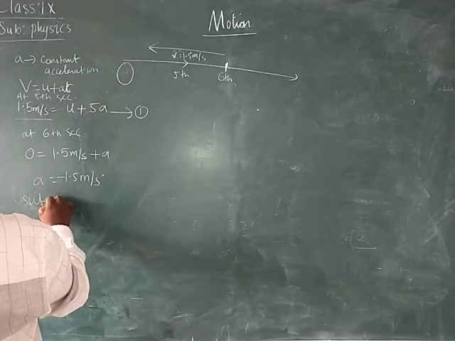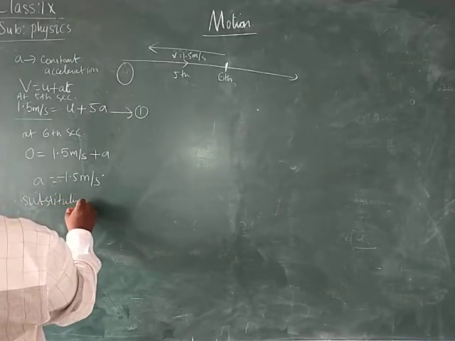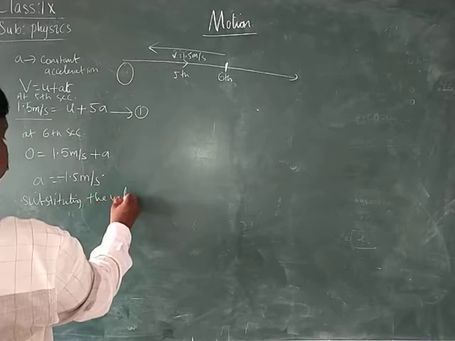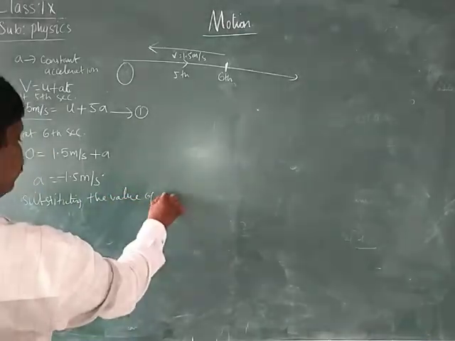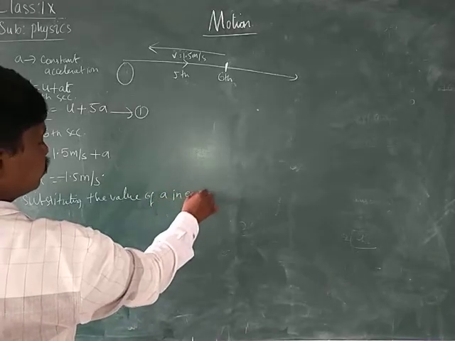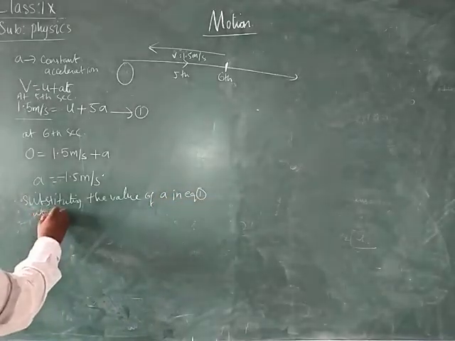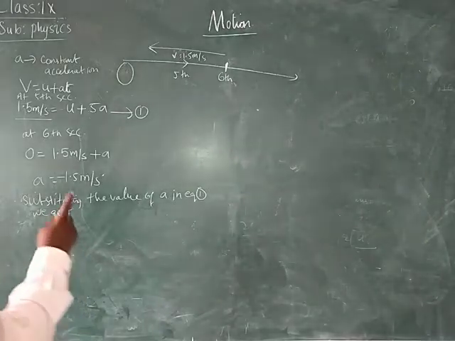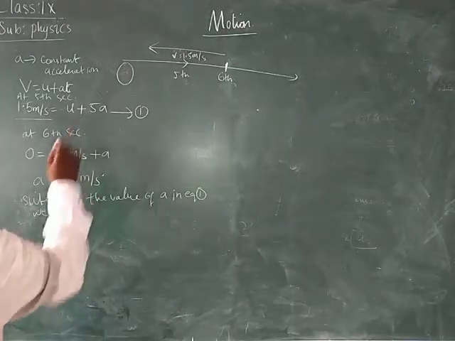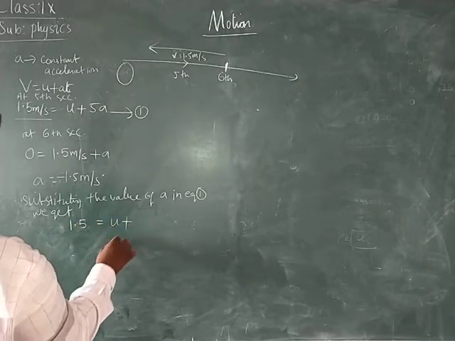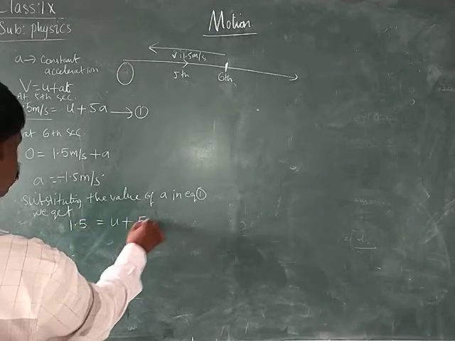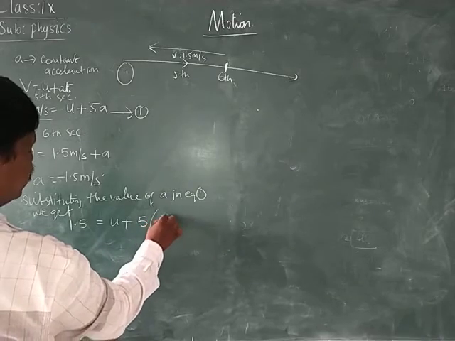Substituting the value of A in equation 1, we get 1.5 meter per second is equal to U plus 5 into minus 1.5.